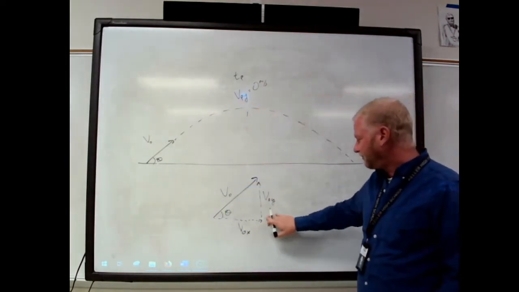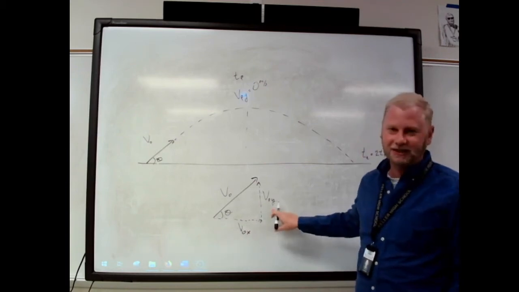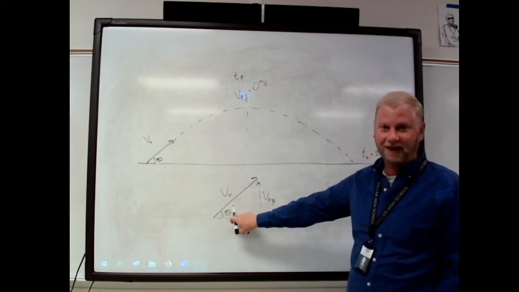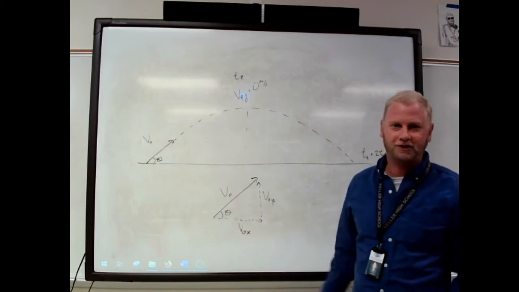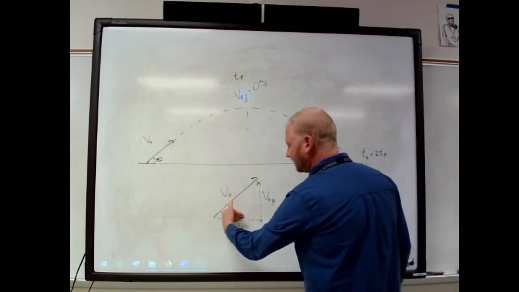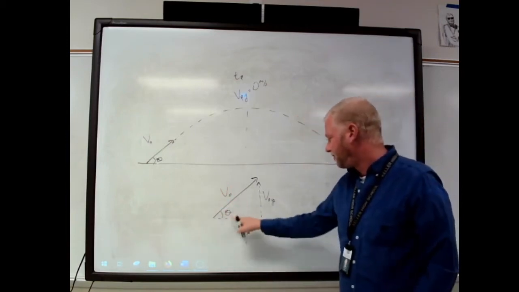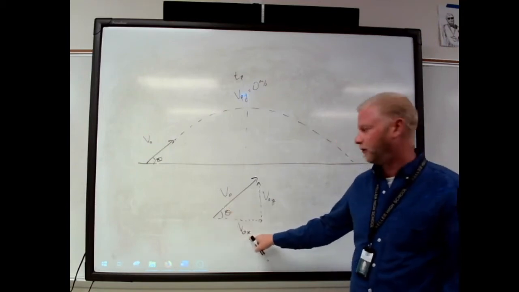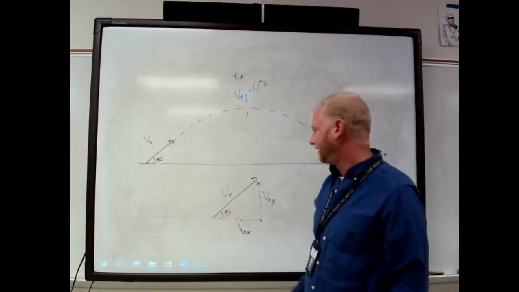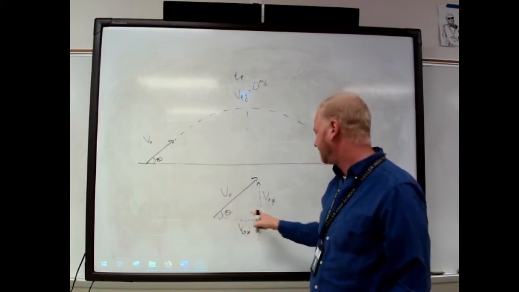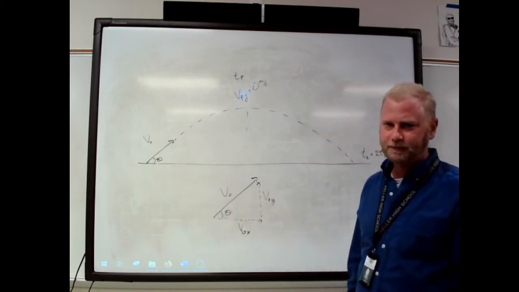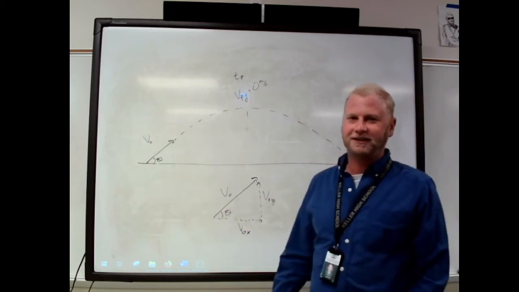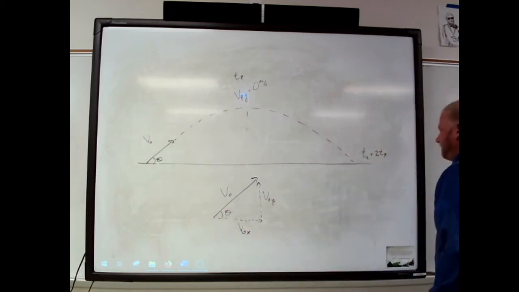The amount of that velocity that exists in each dimension depends entirely upon the angle of launch. The closer that angle is to 0 degrees, the more of this initial velocity exists in the horizontal. The closer this is to 90 degrees, the more of this initial velocity exists in the vertical. So let's put some numbers on this and work out an example together.